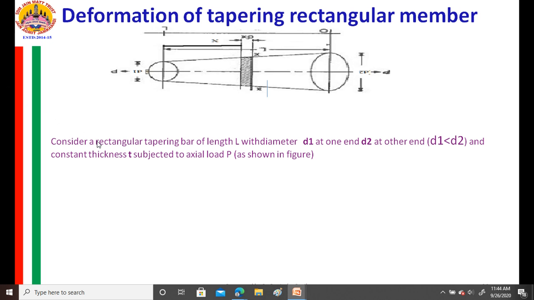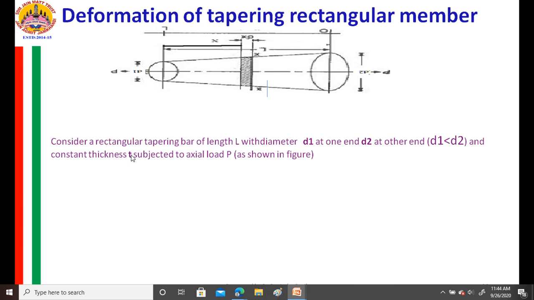Consider a circular tapering bar of length L with the diameter d1 at one end and d2 at the other end, and we are taking d1 less than d2.